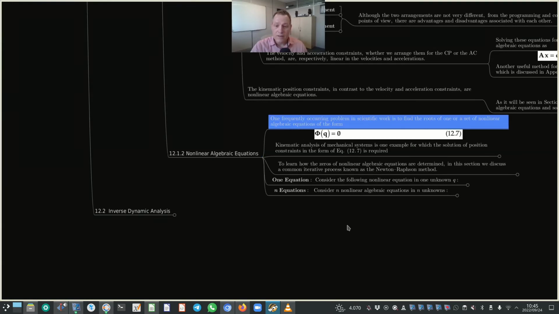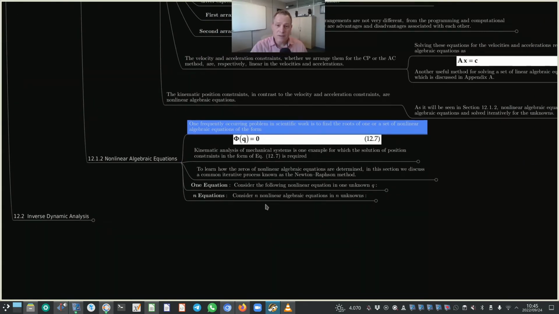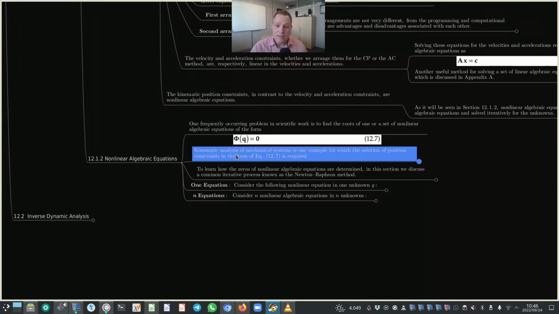One frequently occurring problem in scientific work is to find the roots of one or a set of nonlinear algebraic equations of the form given by expression 12.7. You will recognize this expression, because kinematic analysis of mechanical systems is one example for which the solution of position constraints in the form of equation 12.7 is indeed required.